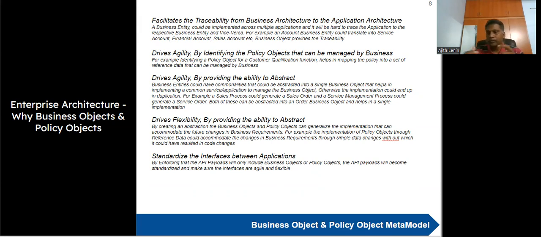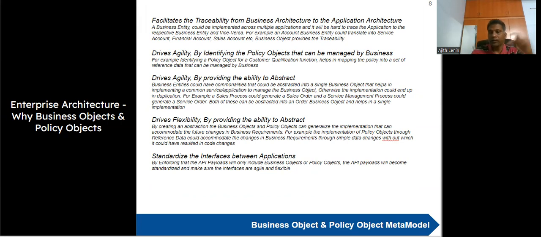Today, one of the big problems is we have the business architecture, which is represented in processes, functions, or business entities, and application architecture, which is represented in applications, data objects, or a data model, or some flows, or APIs. Most of the time there won't be traceability between these.